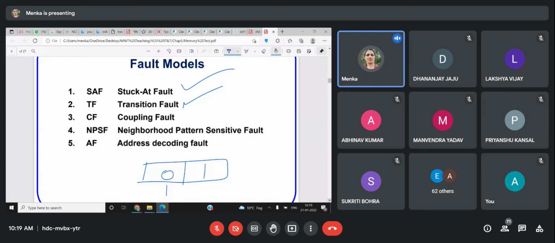Let's say you make this one 1, so automatically this becomes 0 and vice versa. This is known as a coupling fault. Both of the bits change together even if they are not intended to change. Then NPSF, neighborhood pattern sensitive fault, and the last one is address decoding fault. So these are the 5 fault models for the memory.